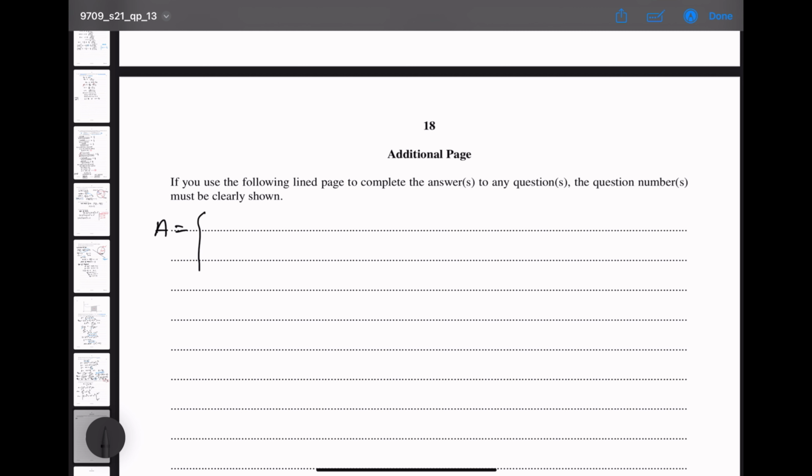So this becomes 2 over 3 times 4k square power 3 over 2, plus 2k square times 4k square in place of x power 1 over 2. This is the upper limit.